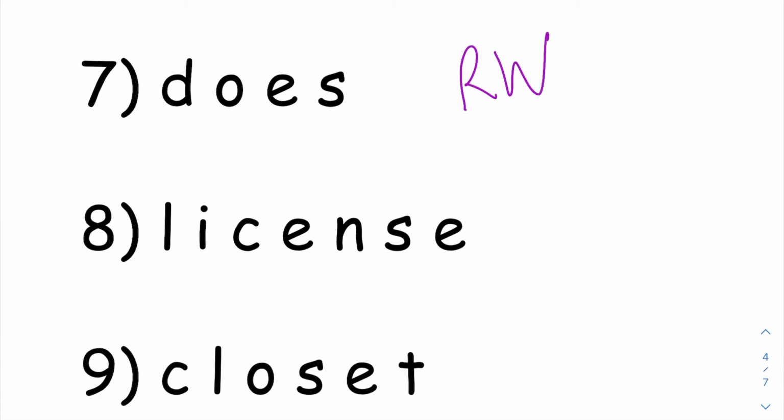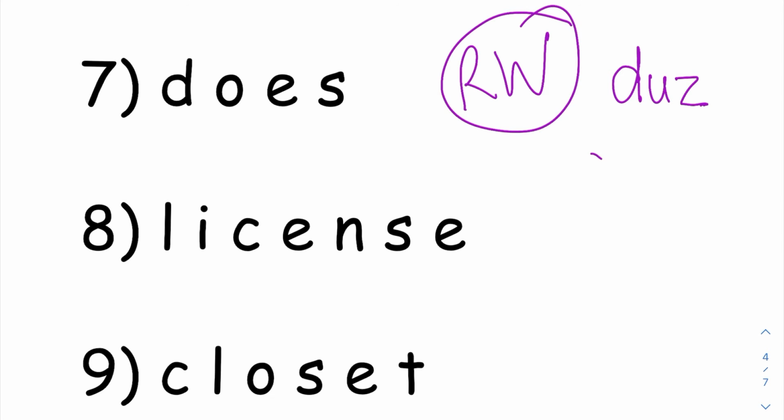Good. This is a red word, one of our first red words, because it sounds like d, z, does. So a lot of things here are breaking our rules. That's why it's a red word.